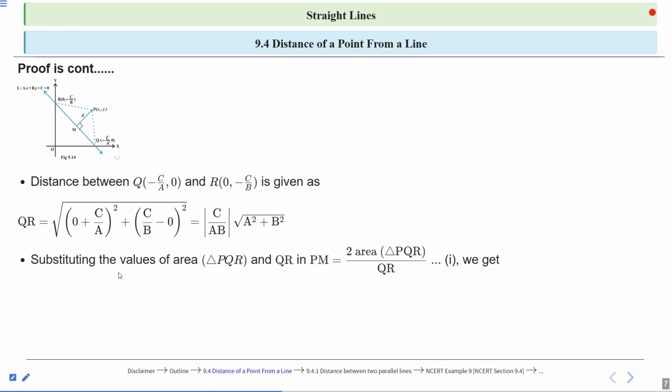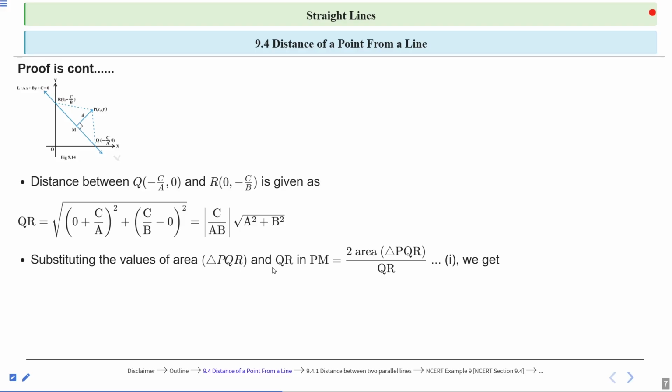Now substituting the values of area of triangle PQR and QR in the equation PM equal to 2 times area of triangle PQR divided over QR. We have already obtained the value of 2 times area of triangle PQR and the value of QR.